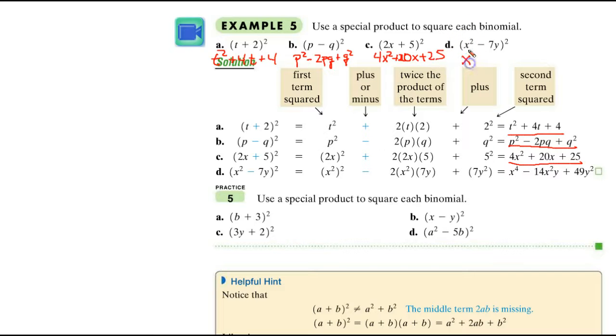This is a little tricky because it's x to the fourth minus a negative this, double it, that'll give you 14 x squared y. Square the last term, 49 y squared. Practice this technique. It's going to be very useful, especially in your next course.